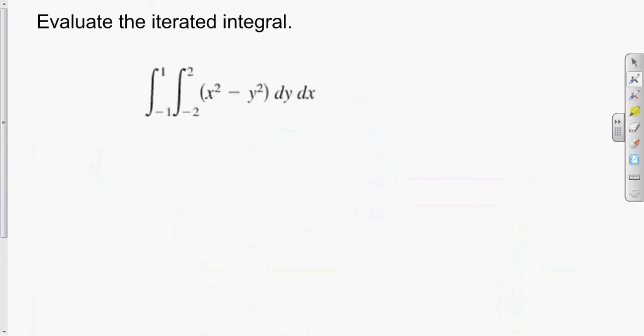Evaluate the iterated integral. So we're going to integrate, this is from -1 to 1.